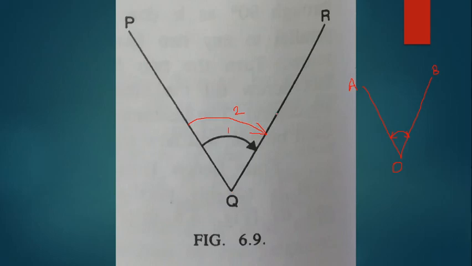So for this operation, I should release the lower clamp and rotate the telescope back such that it is roughly bisected to P, and then fix the lower clamp screw and operate the lower tangent screw for exact bisection of P.